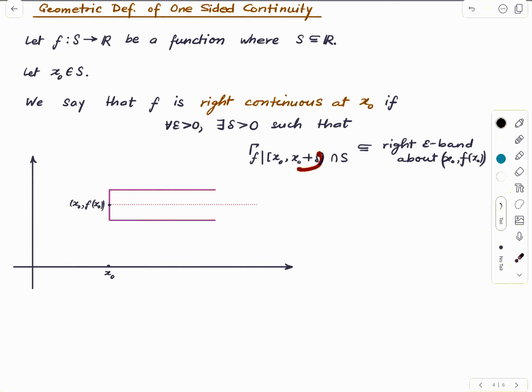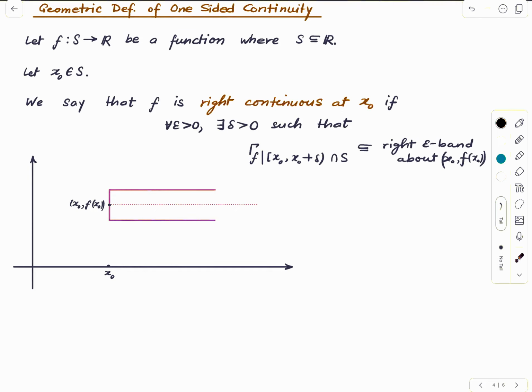So this is the right delta neighborhood. I mean, we didn't define it, but that's what it is. And this is all the points in the domain of the function as well as in the right delta neighborhood. And the graph of the function above it should look something like this, meaning it should be contained in the right epsilon band. That is the definition of right continuity at x0.